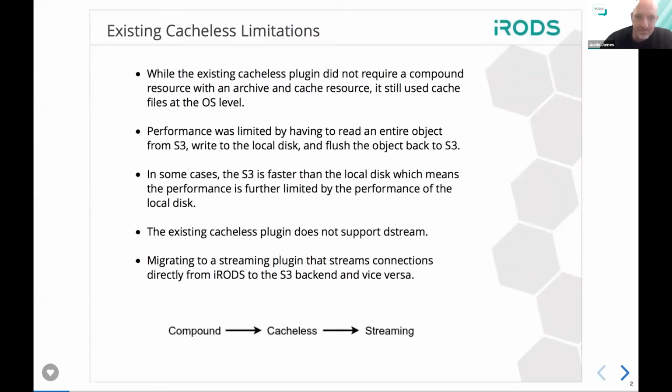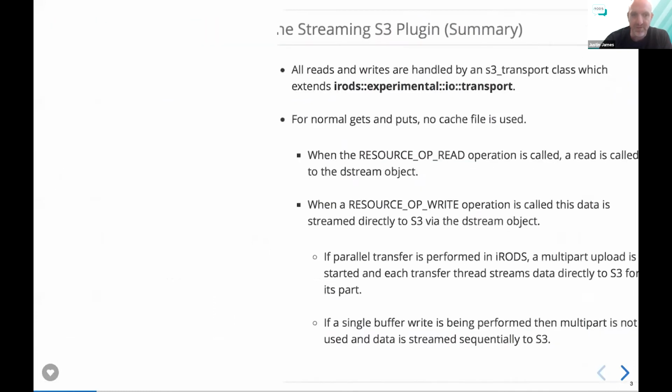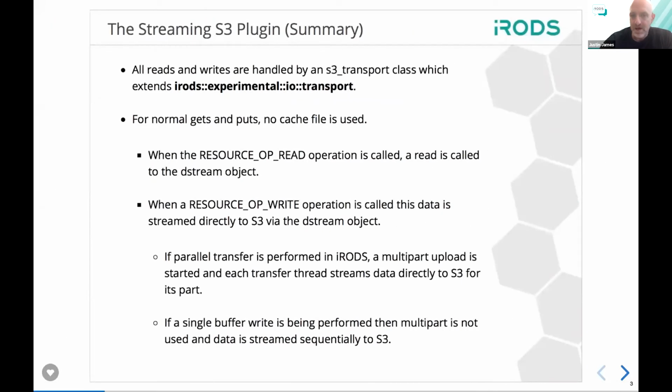To do this, we extended the iRODS experimental IO transport class to implement the connections to S3. The new class that derives from the transport class is called S3 transport, and it provides all the functionality that we need to talk to S3.